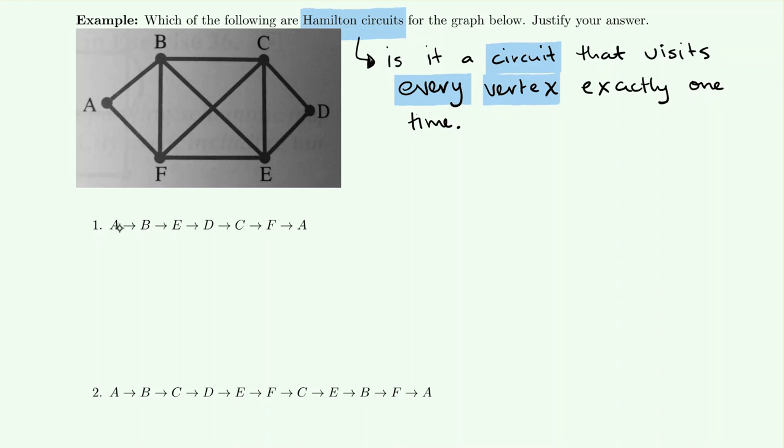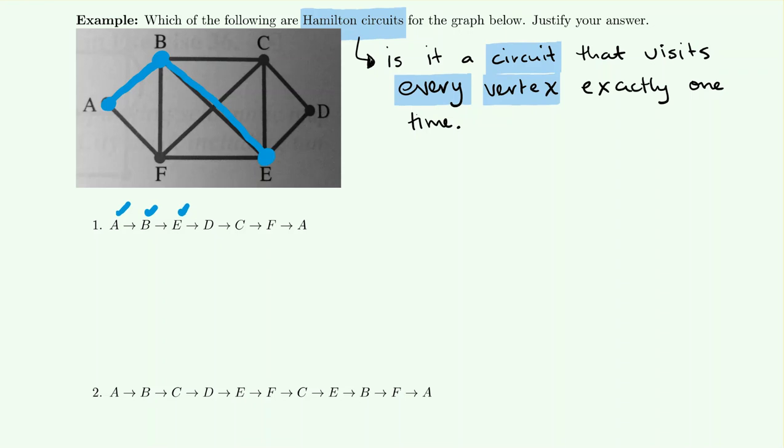Let's look at our first example. As you're working through this on your paper, I recommend you might pause the video now and copy down this graph exactly on your paper so that you can draw along with us and see and reason through, not just looking at the screen. So I would find my starting point A here, and then where does it say to go? It says go along the edge to B. We've now visited vertex B, and then we go to vertex E along the only edge connecting B and E in this case.